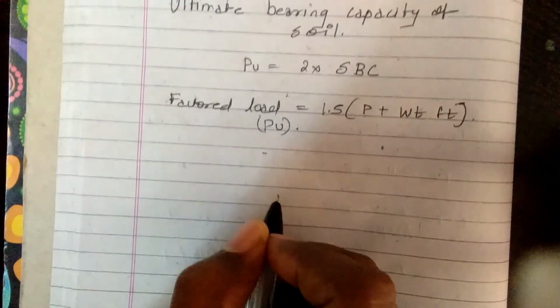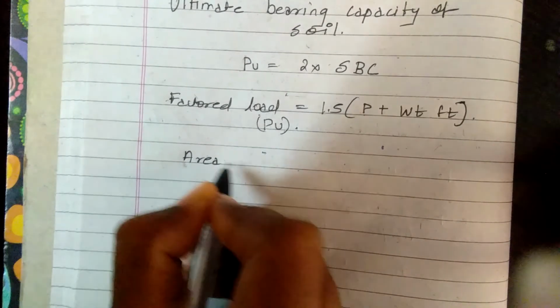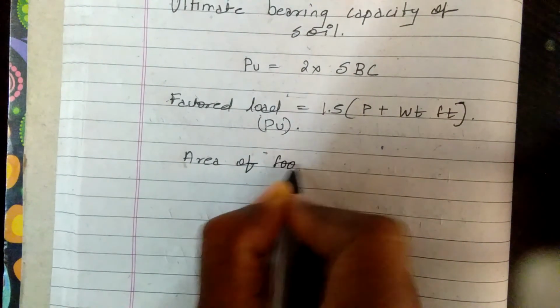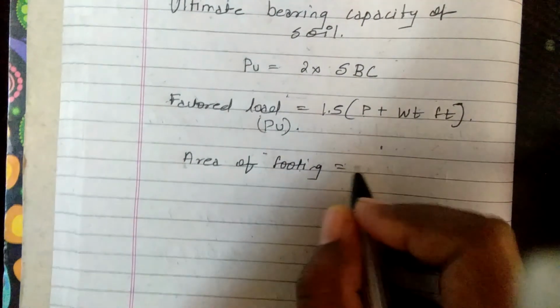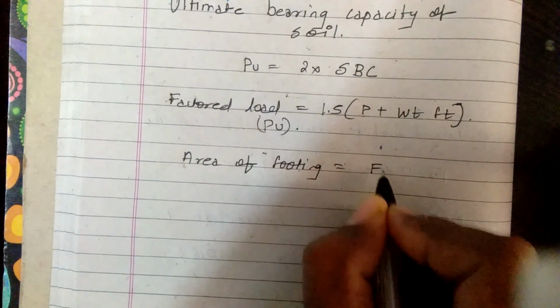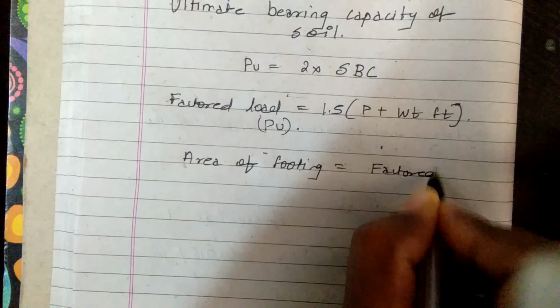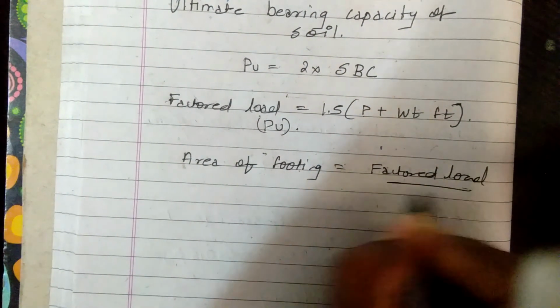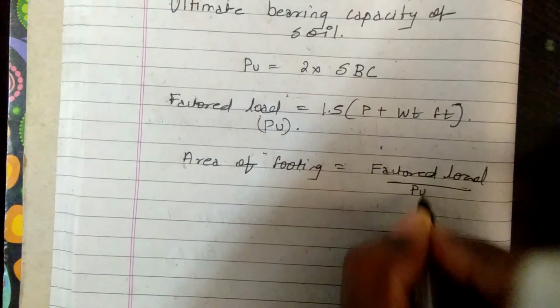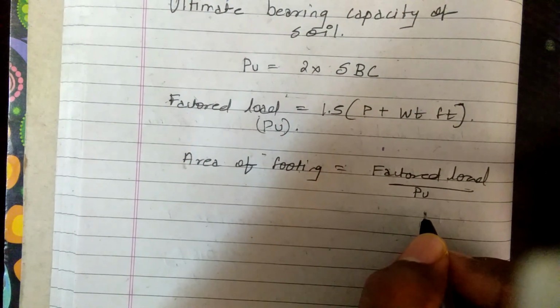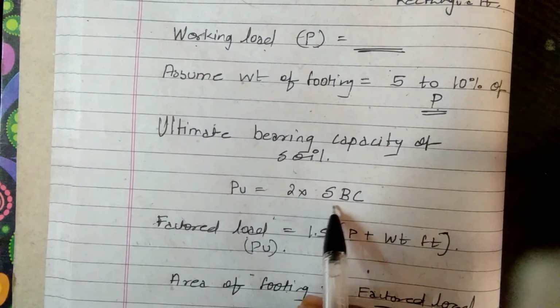Okay, the next one, area of footing. The area of footing can be calculated by the factored load divided by Pu. This Pu is nothing but the SBC.